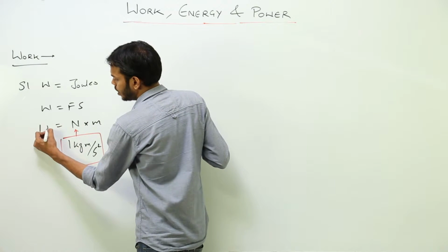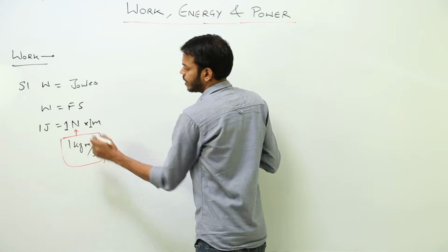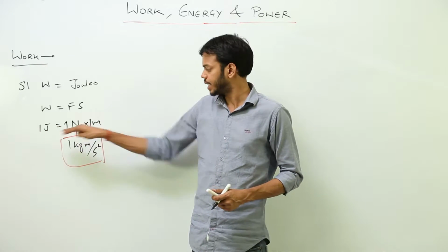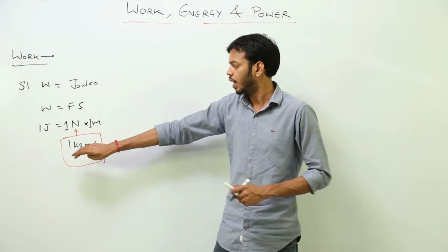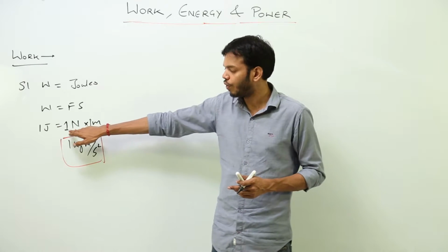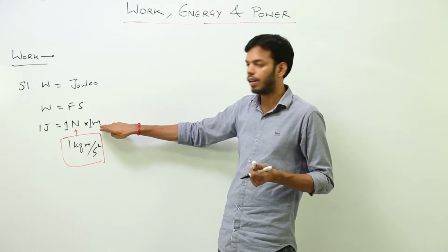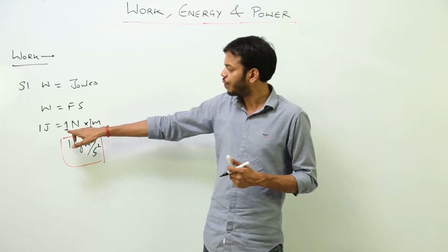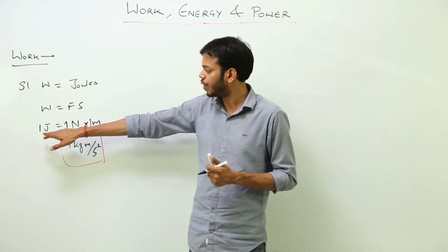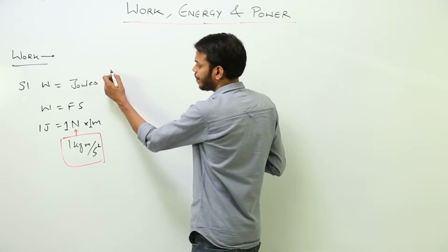So 1 joule is 1 newton into 1 meter. So if you have to define 1 joule from this statement, how can we define it? 1 joule is that amount of work done when 1 newton of force applied on a body moves the body by 1 meter, or when 1 newton of force displaces a body by 1 meter, then the work is said to be 1 joule. You can define it any way you like.